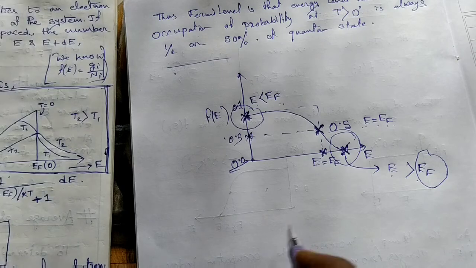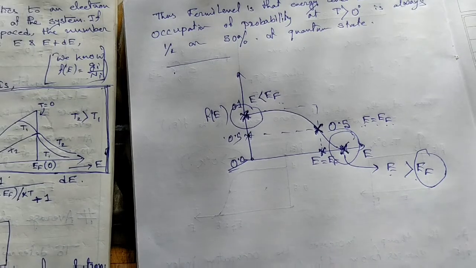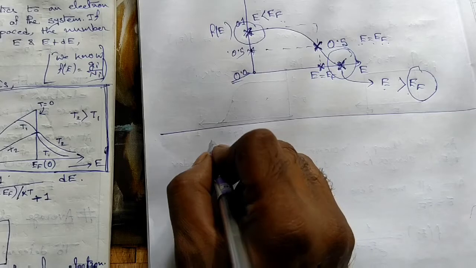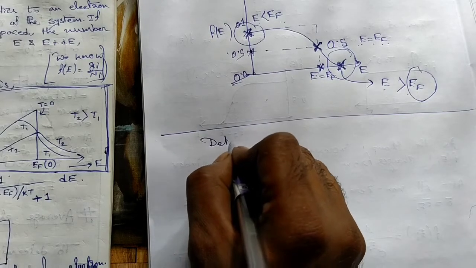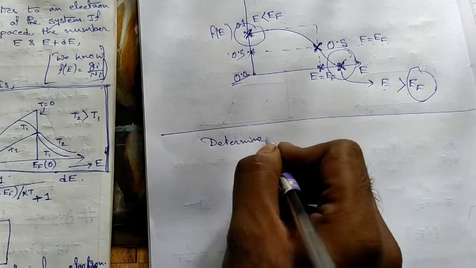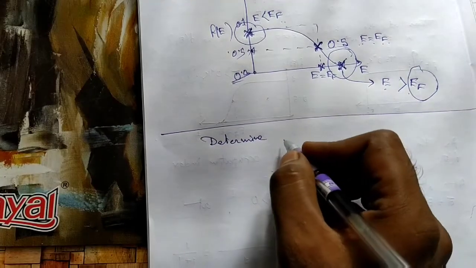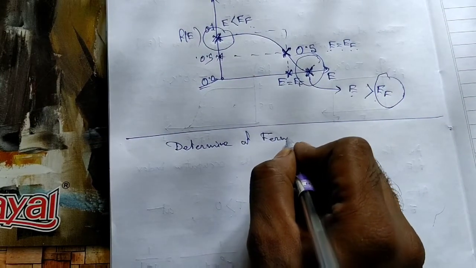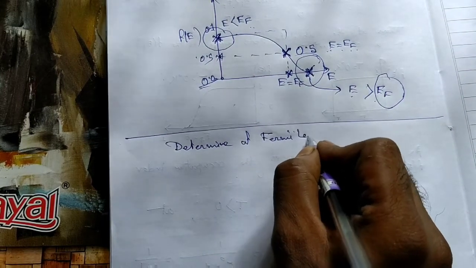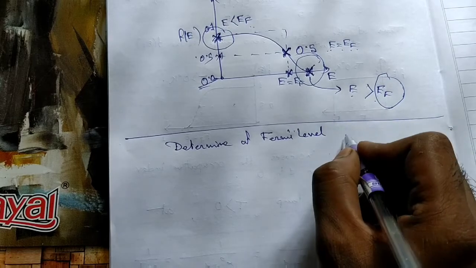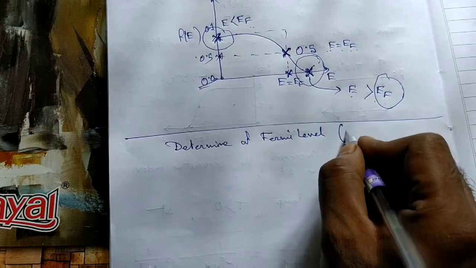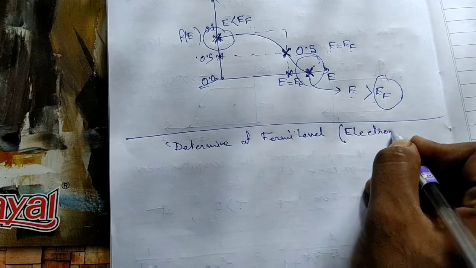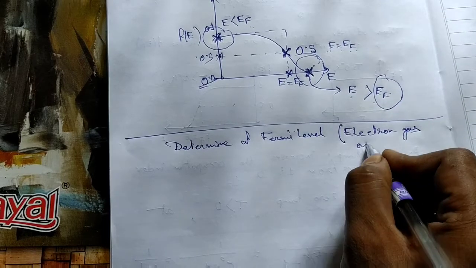Okay, so in the next derivation, we try to determine the Fermi level of an electron gas or metal.